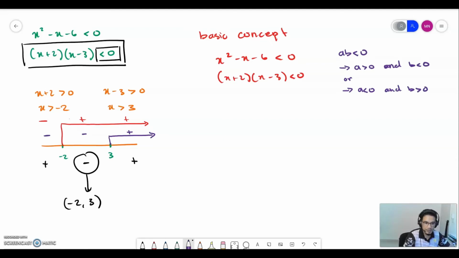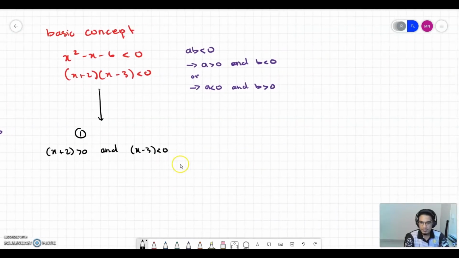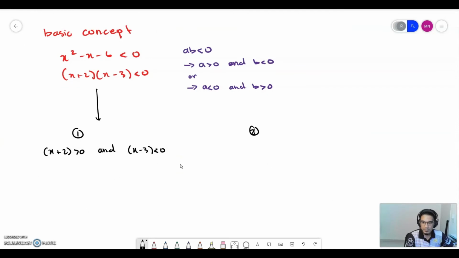Okay, so for this one we have to do both of them. We have to do a bigger than 0, and we have to do a less than 0. So from here we separate it into two parts. The first part is where we have x plus 2 bigger than 0 and x minus 3 less than 0. And then we have a second part where x plus 2 is less than 0 and x minus 3 is bigger than 0.